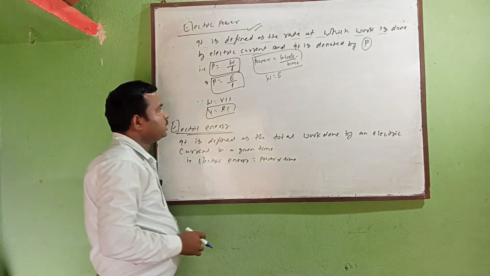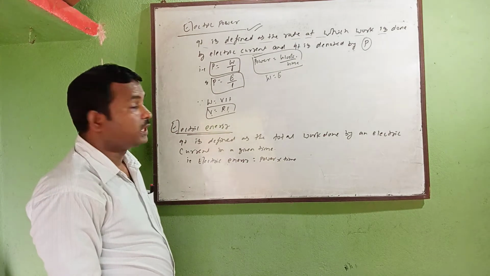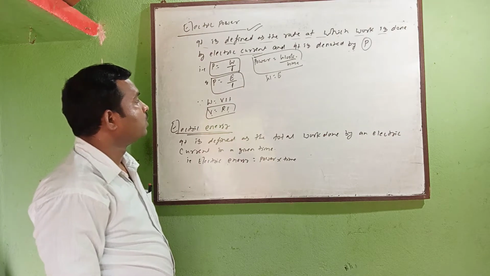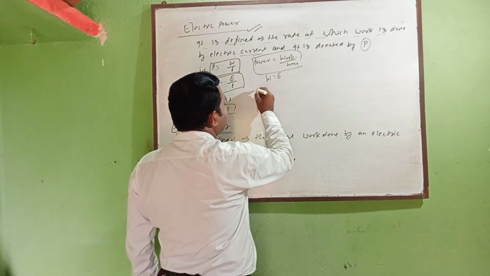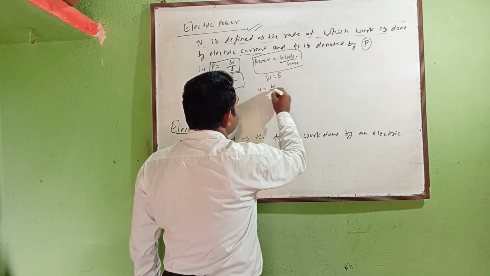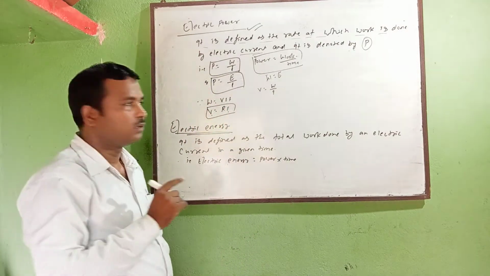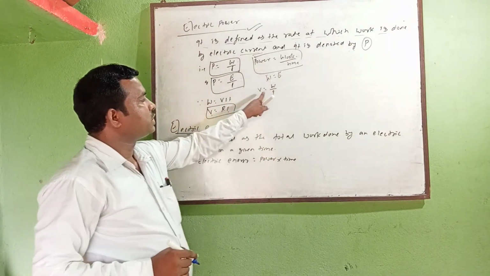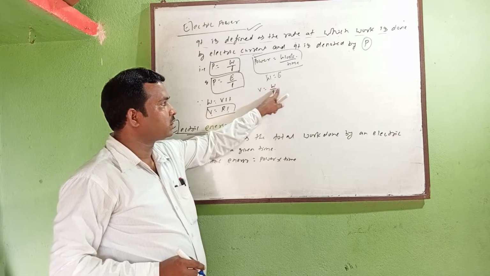Very good. But we also have one formula from electric potential. What is the formula? We have V is equal to W by Q. Electric potential is equal to work done by charge, or the amount of work done on a test charge.